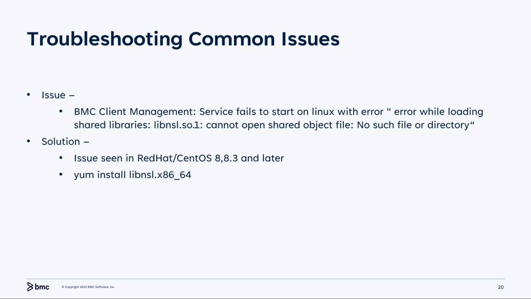The issue could be resolved by running the command yum install libnsl.x86_64, as it automatically downloads the RPM from its repository and installs it. And later you could restart the BCM master service and validate if the issue is resolved.